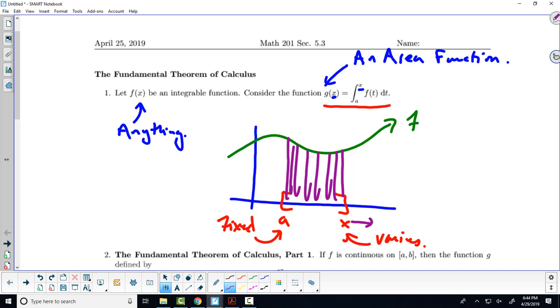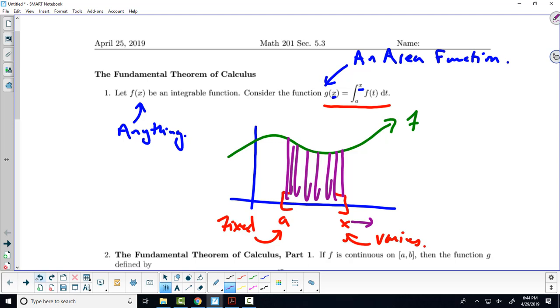This is the crux of it. It depends on the shape of f. If f is increasing, then when I slide x to the right, I add a lot more area.